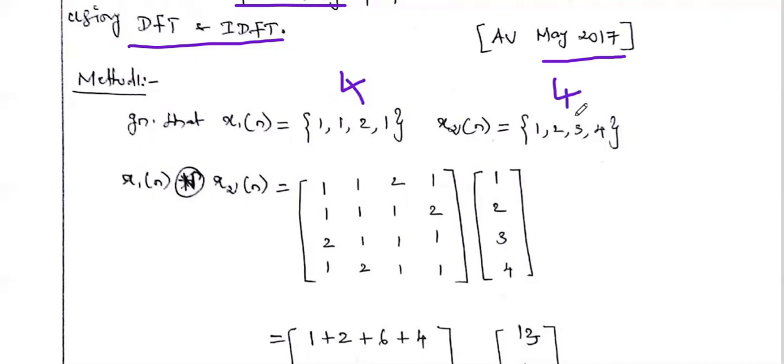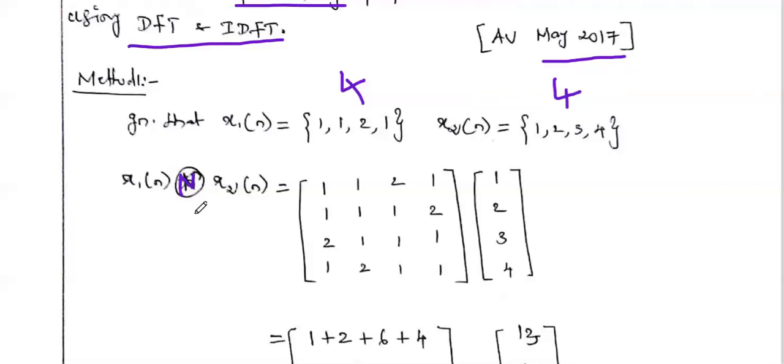Already you know, in order to perform the circular convolution between two sequences, the two sequences must have the same length. Here in the problem itself, the two sequences have the same length, 4 samples each. So there is no need to add zeros to either sequence.